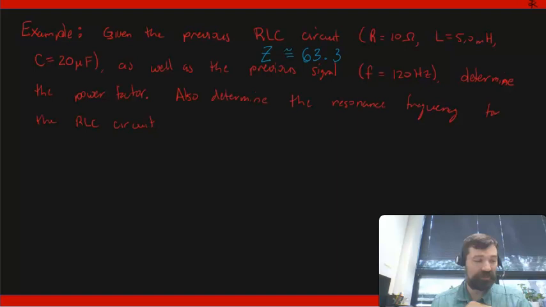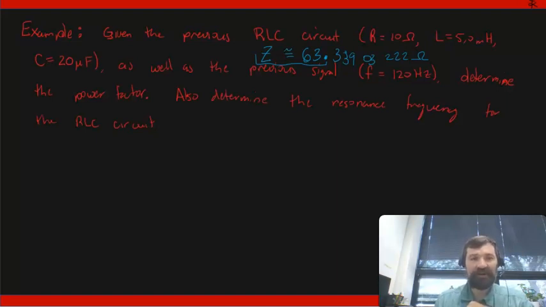The calculation came out to 63.339032222 ohms, for what it's worth, and we just retained 2 digits of precision. And then we have this frequency, 120 hertz, for which this was the impedance.